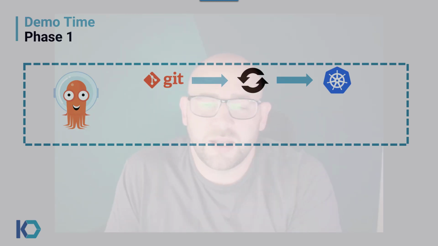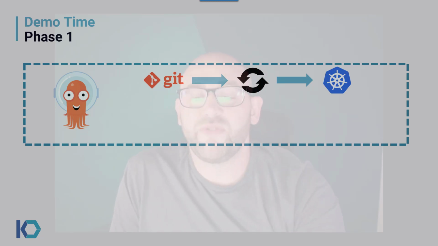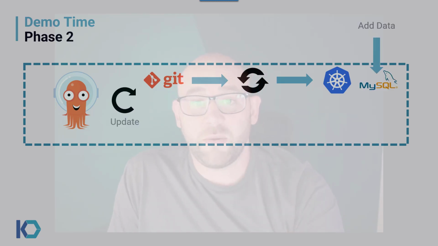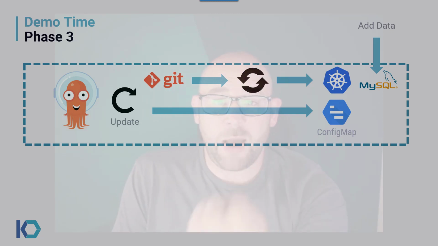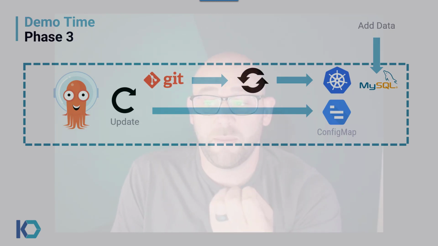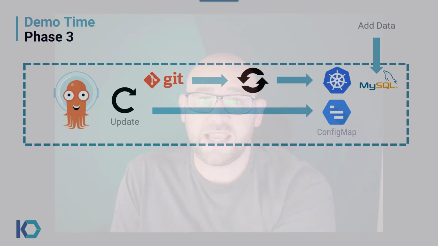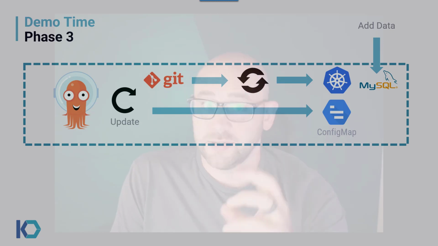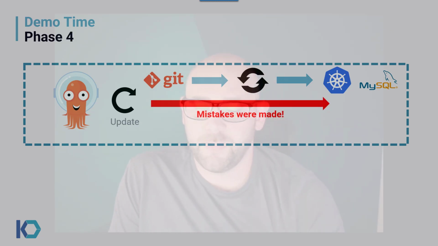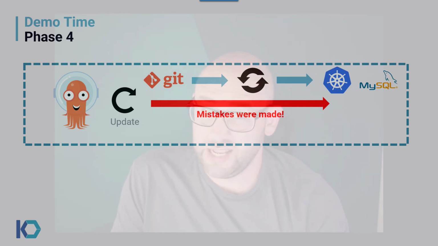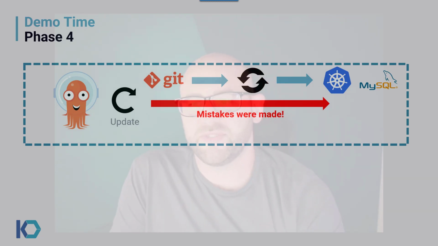And then with that, we are going to update that. We're going to add some data. We're going to create a config map, which is now where we're implementing a potential code plus data change into our system, which, spoiler alert, is going to break our system, our data.